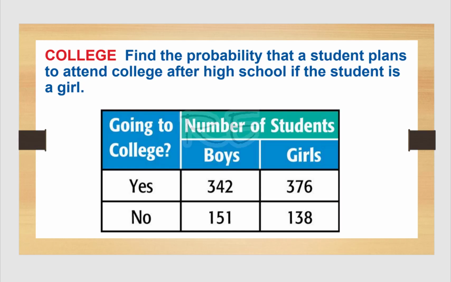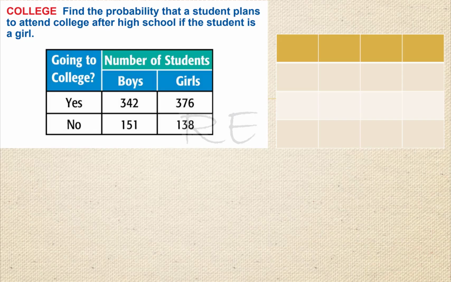We need to find the probability that a student plans to attend college after high school if the student is a girl. We're going to rewrite the table using symbols for the different entries.